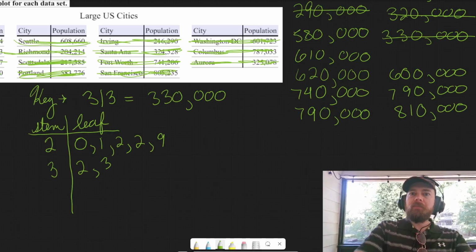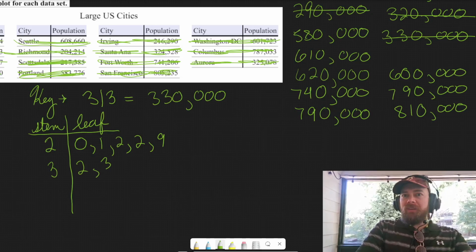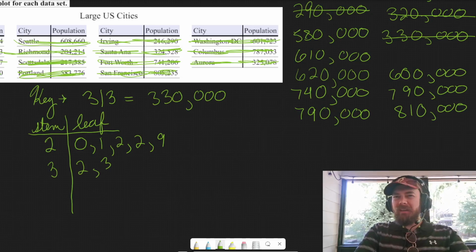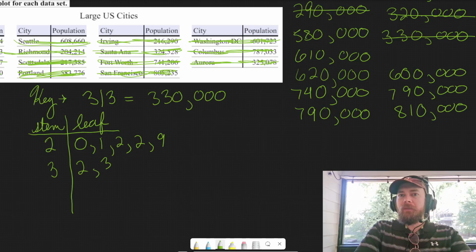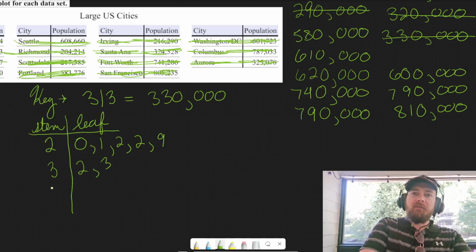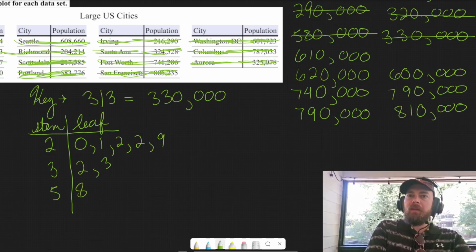There we go. And then that's it for the 3's. So I'm not going to list a 4 for a stem. You don't need to list any numbers that are not in the data. I don't have anything in the 400,000s, so I just skip straight to 5. And I don't need to put a comma if I don't have more than one. So I would just put 8. And then that would be it.